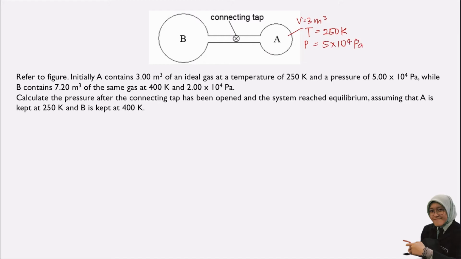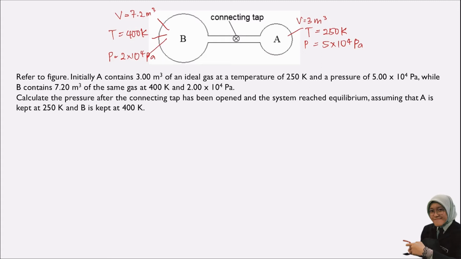While B contains a volume of 7.2 meter cube of the same gas at a temperature equals 400 Kelvin, and the pressure is P equals 2 times 10 power of 4 Pascal. Calculate the pressure after the connecting tap has been opened and the system reached equilibrium, assuming that A is kept at 250 Kelvin and B is kept at 400 Kelvin.